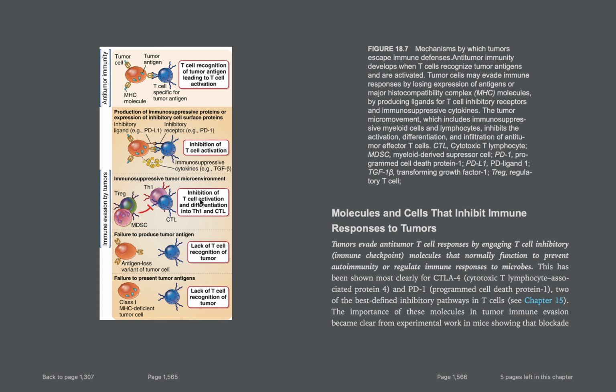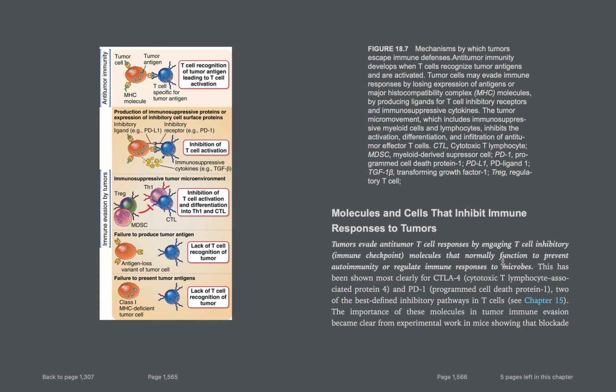In an immunosuppressive tumor microenvironment, when you have a lot of Tregs, this can inhibit the process of T helper 1 and cytotoxic T cells, and also the other myeloid system. Failure to produce tumor antigen means a lack of T cell recognition, then you cannot produce T cells, and the tumor starts growing.